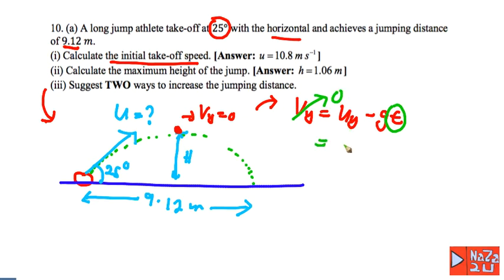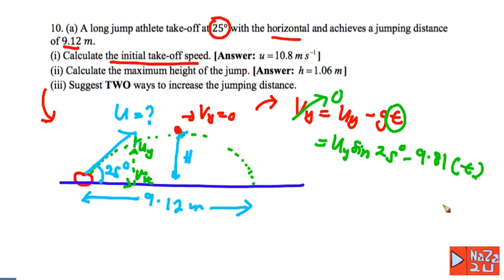Here we resolve u into ux and uy, where theta is the angle. Since uy is opposite the 25 degrees, we have uy equal to u sine 25, and g is 9.81.